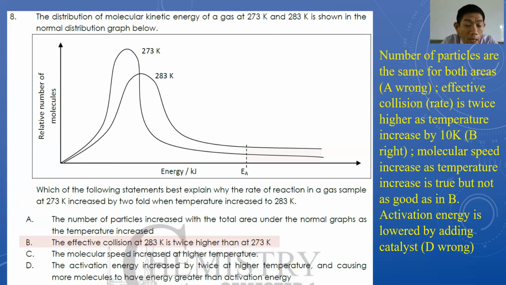So compared to B, C is less accurate. And then D, activation energy increased by twice. It's not activation energy. Activation energy still remains the same. It's just that the number of particles with energy greater than the activation energy is greater. So statement D is also wrong. So that is how you explain the statement. So the best answer in here is B.